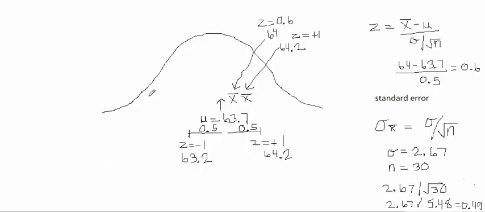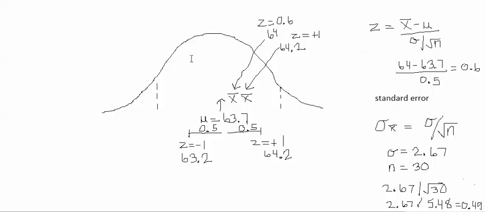It turns out that if the sample means follow a normal curve, then it's actually possible to predict or calculate the boundary points of the middle 95% of the possible samples.